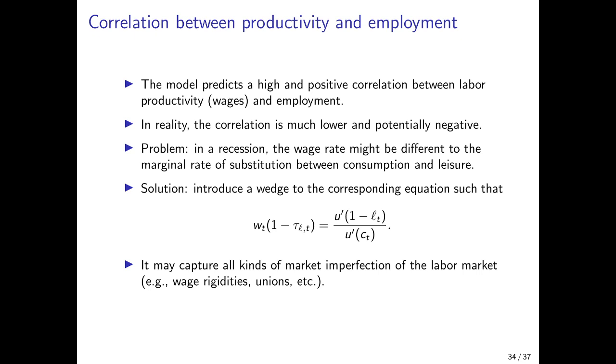For example, it could capture the effect of labor unions that have an influence on the rigidity of wages in such a model. General wage rigidity is that they might not decrease in a recession that much, and so on and so forth. And all that could help to solve this puzzle with respect to the correlation between productivity and employment.